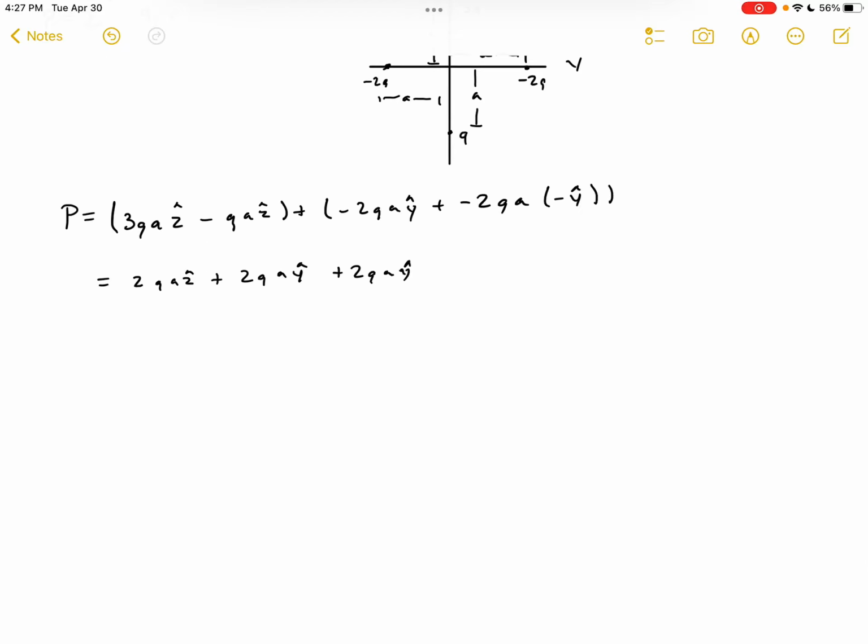And so we know in the z direction, it's 2QA z hat.